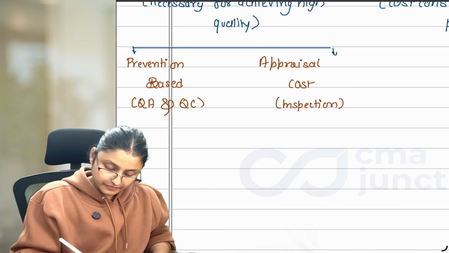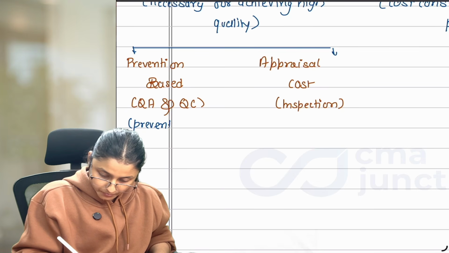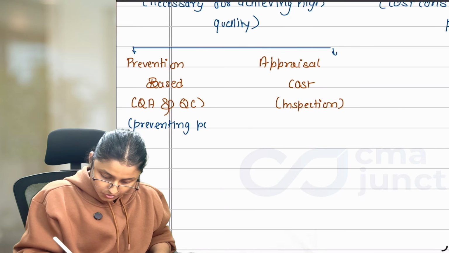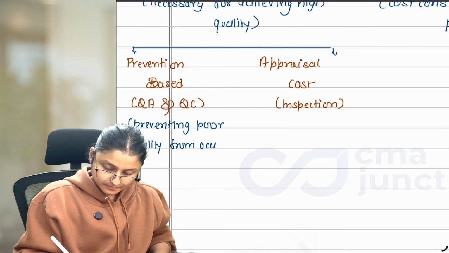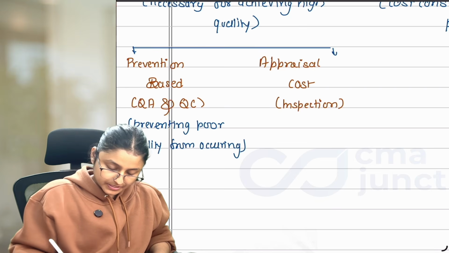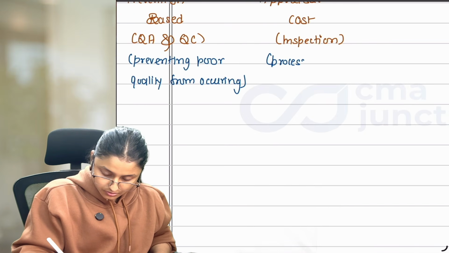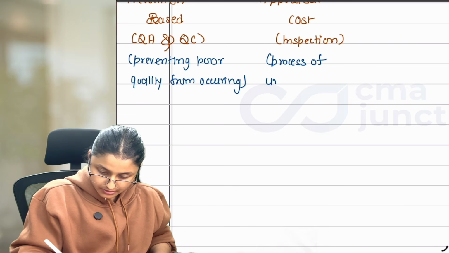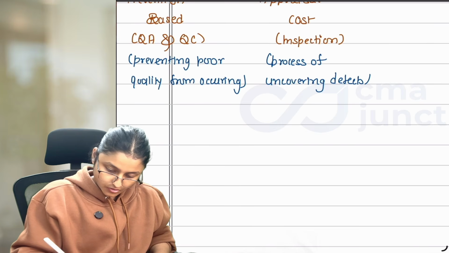Now, what is prevention cost? Prevention cost is cost incurred for preventing poor quality from occurring. Appraisal cost is about the process of uncovering defects or checking for failure.